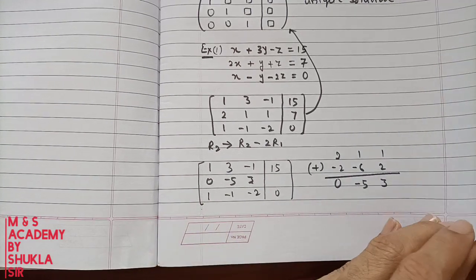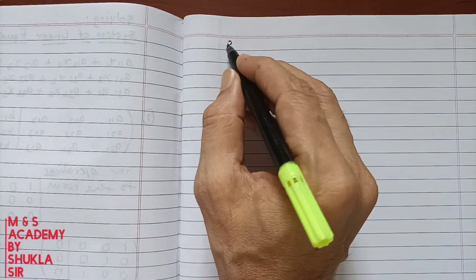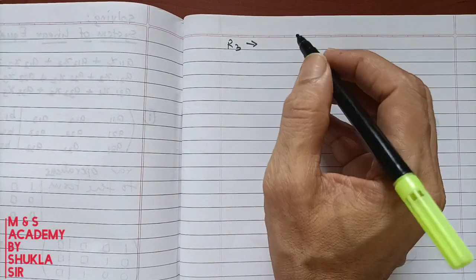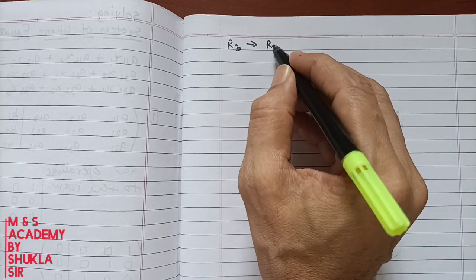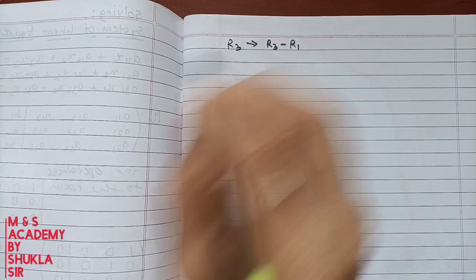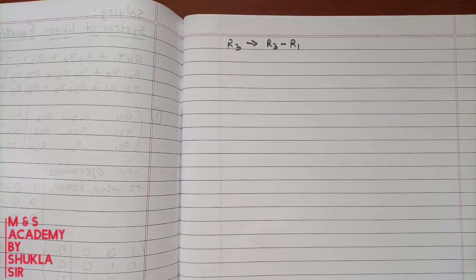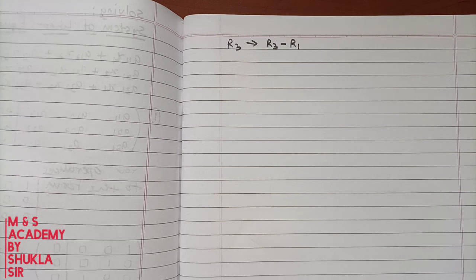Next, we need to make this one a 0. So we'll perform the required matrix transformation, as we need to change R3. How? R3 minus R1. The elements which are not going to change we'll write first, that is the first row, and the second row.